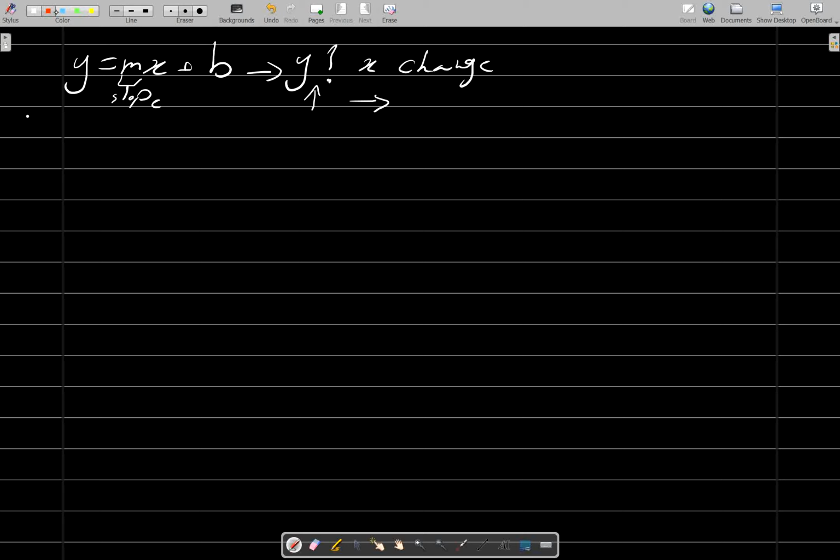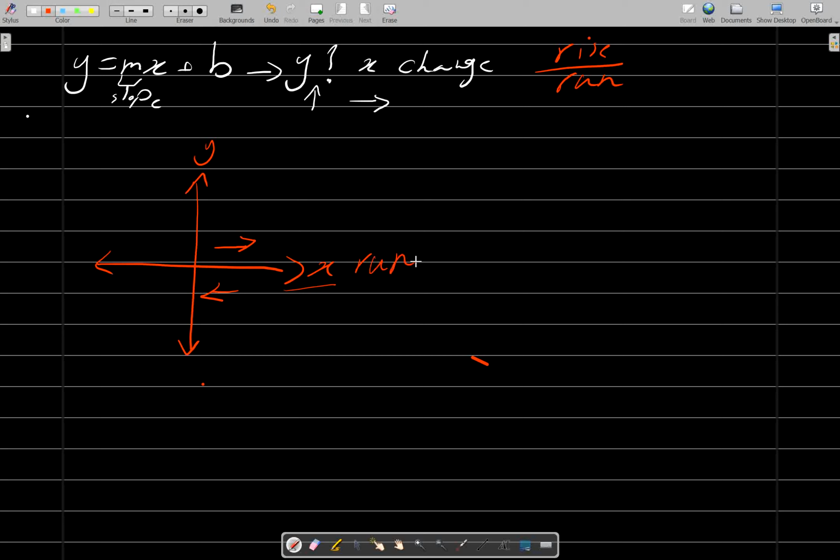The first one is what we call rise over run. If you don't know what rise over run is, based on the Cartesian plane, if this is our x and this is our y, every change that happens on the x-axis, for example, if something moves forward 2 units or backward 1 unit, counts as our run.